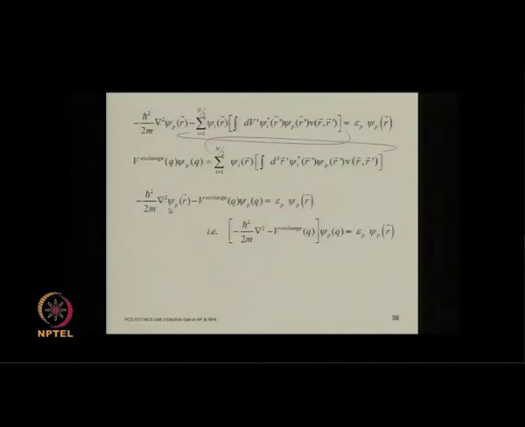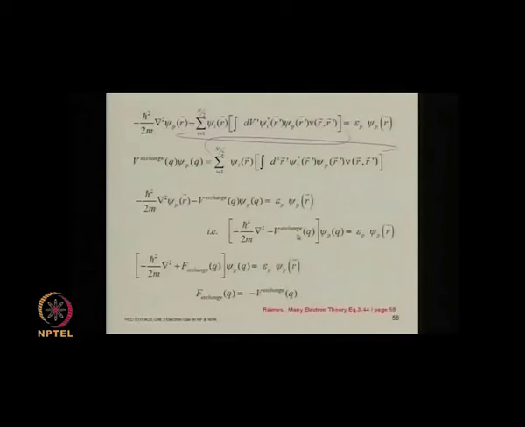So, you have got the minus V exchange term over here, and instead of this minus V exchange we use the notation F instead of minus V. Now, that is a small notational compromise we make to bring our expressions in line with what we find in the book by Raines. Okay.